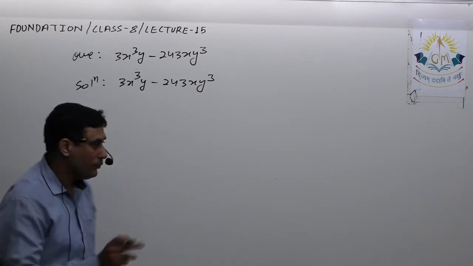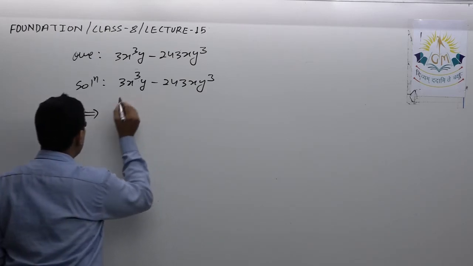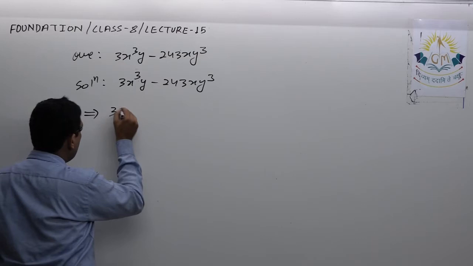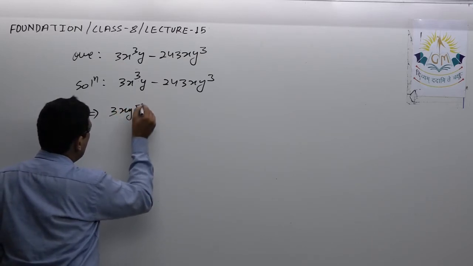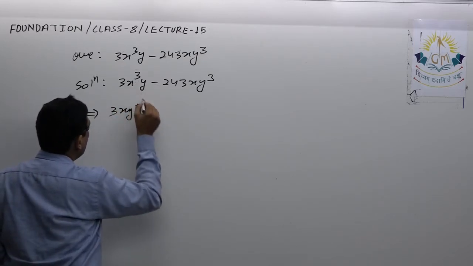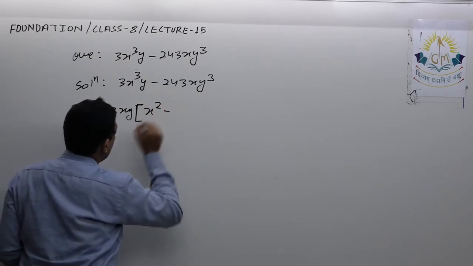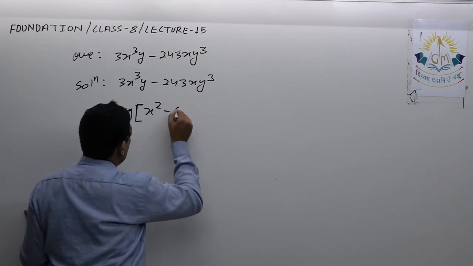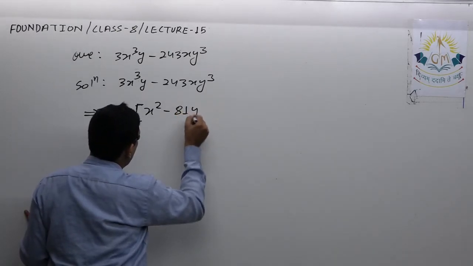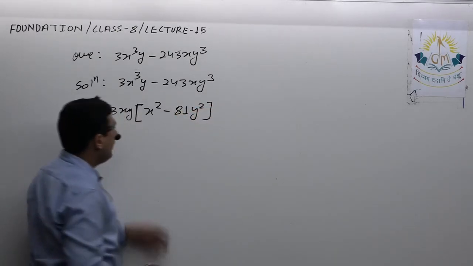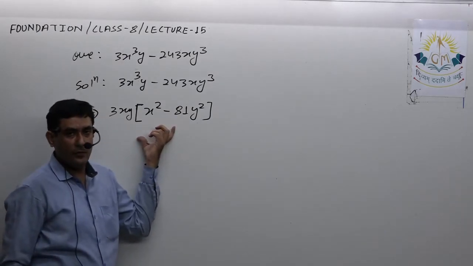That means we have to take 3 as well common. So actually I have to take 3xy common. So when I take 3xy common, here I will get x square only, minus over here I will get 81 y square. Now this is not a difficult task to factorize.